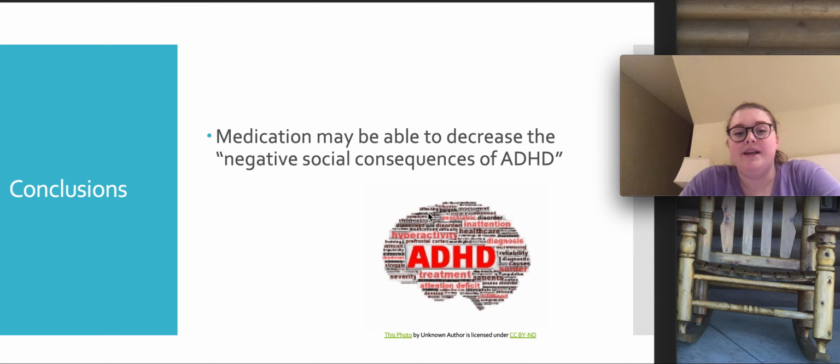Their conclusions were that medication may be able to decrease the negative social consequences of ADHD. The negative social consequences could be falling behind in class, falling behind your peers. That could be detrimental to your education.